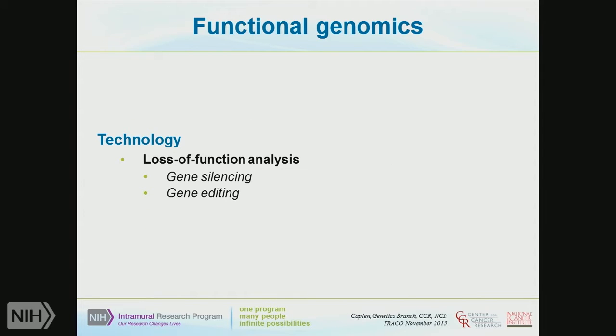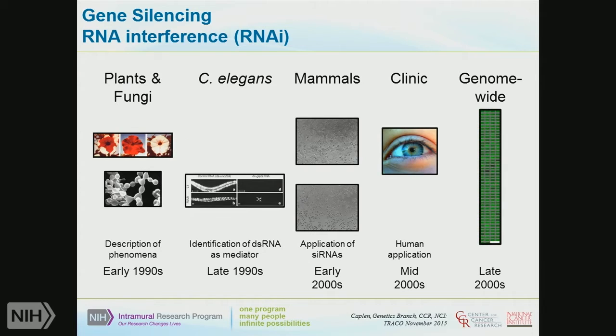Okay, so moving on to the technologies that we're using. This is a historical context for RNA interference. What we now know as RNA interference was first described back in the early 1990s.